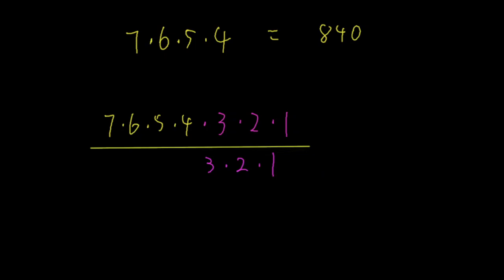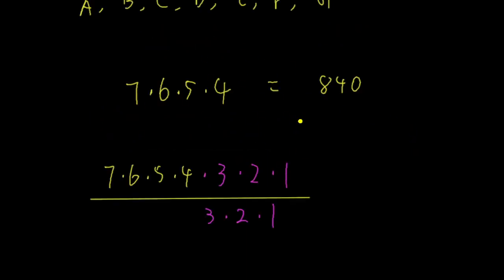Of course I can write it that way, because the magenta numbers will just cancel out and you have left only 7 times 6 times 5 times 4, just like this one here.